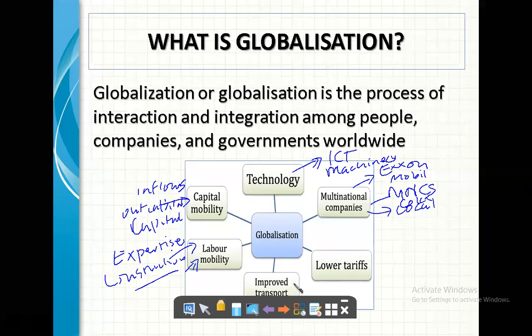The next is improved transportation. Yes, we have improved transportation in shipping, air, and land. Lower tariffs depends on the international market.